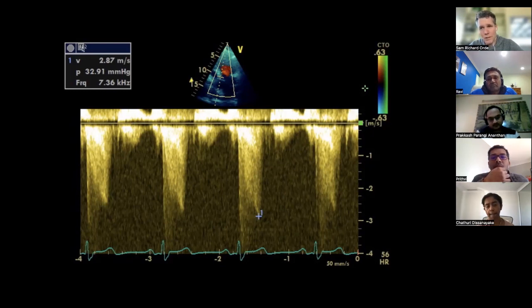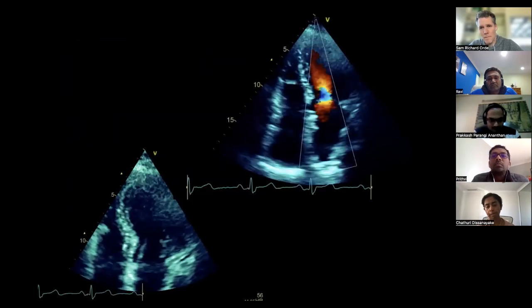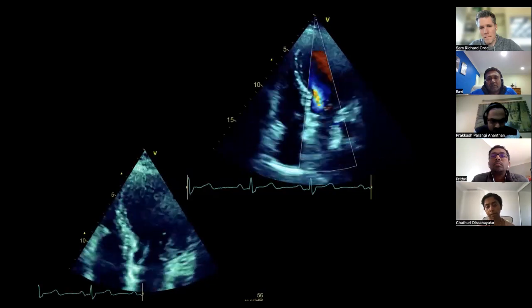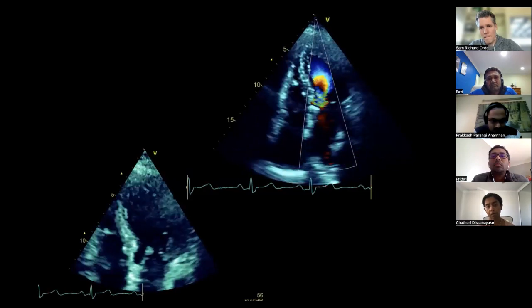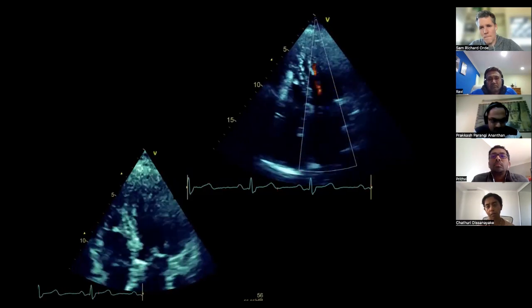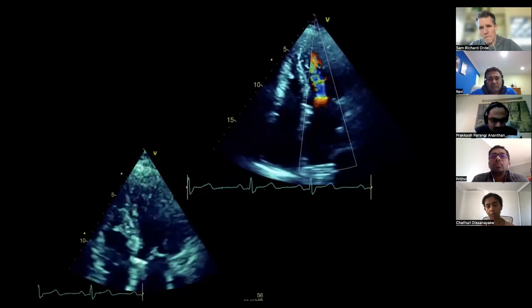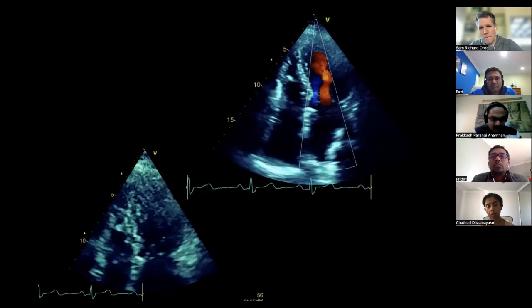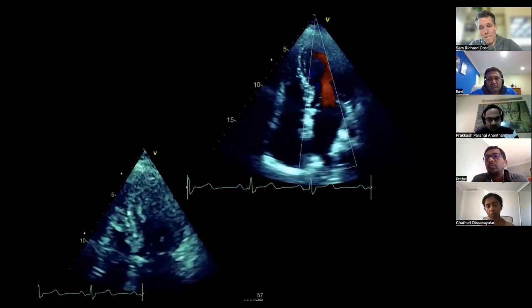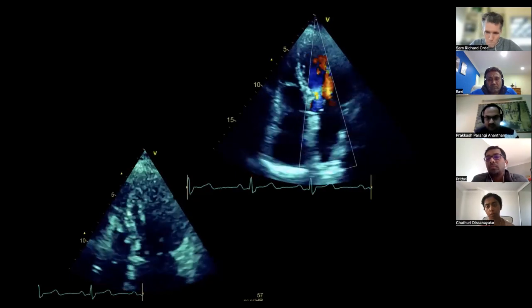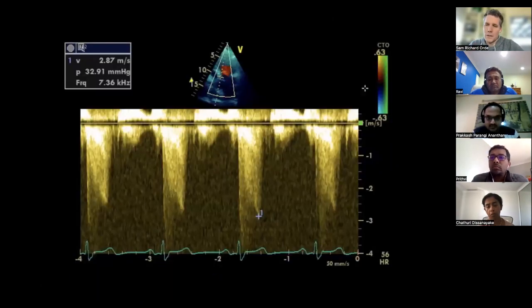I'm happy to go back and show you the 2D pictures again if you want. Is it not LVOT? It could be mid cavity obstruction as well, because of the acceleration.